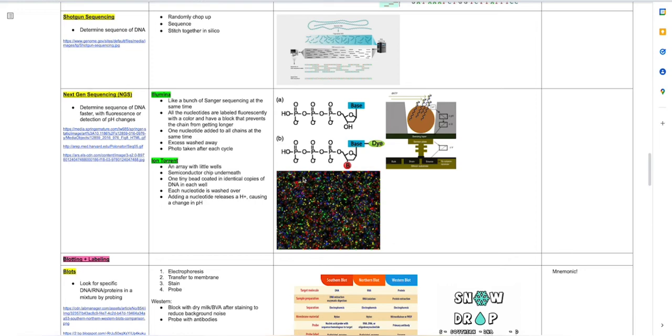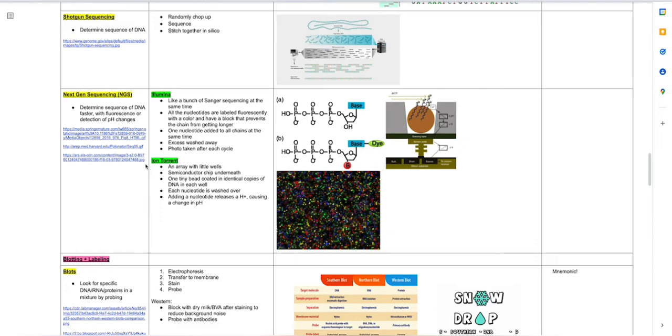So you have a photo after each cycle, and a computer looks at those photos and goes, oh, green, then yellow, then red. That means this sequence. So it's a really efficient way to do normal sequencing, but all at the same time. It's super cool.